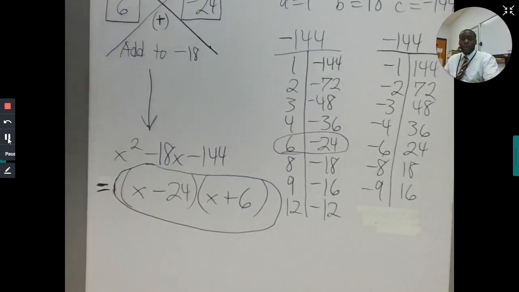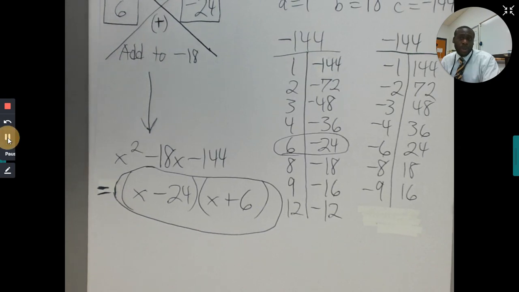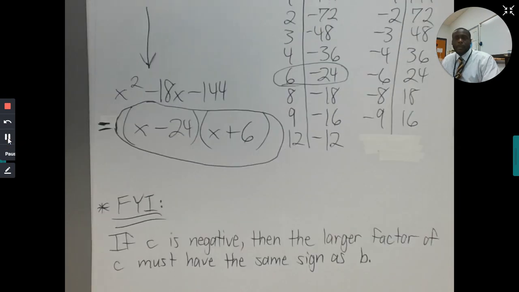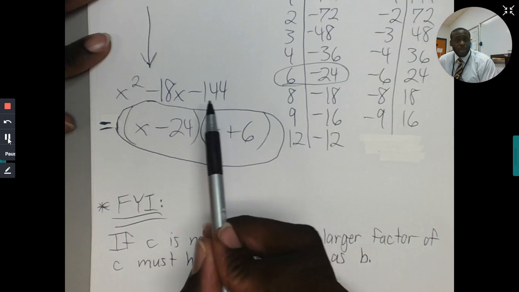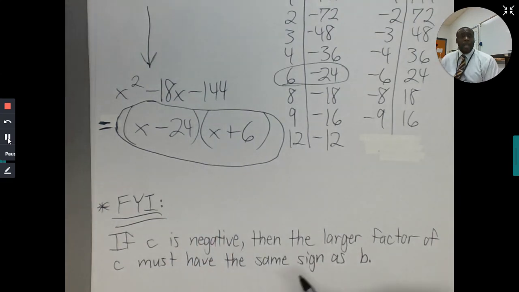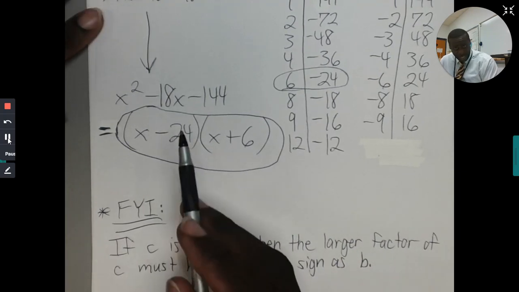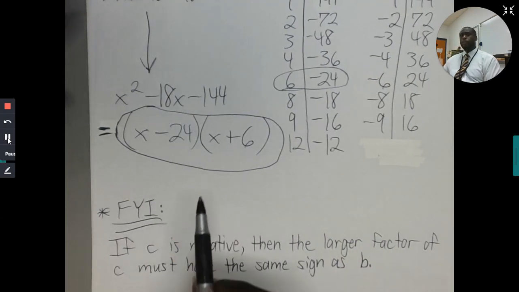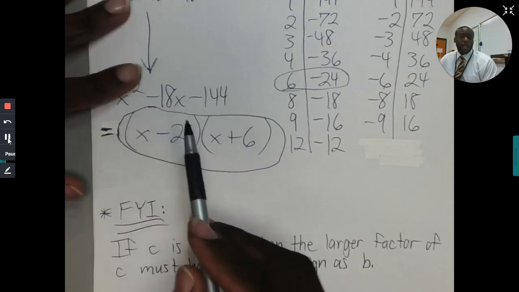Okay. Just one last little note. If C is negative, and we know here that the constant term, our C, was negative, then the larger factor of C must have the same sign as B. The sign of B was negative here.